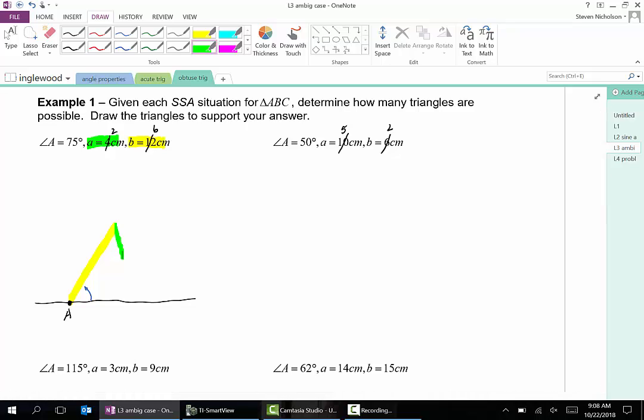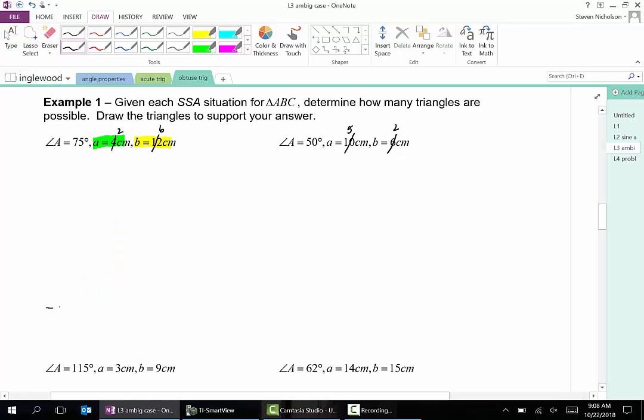So pause the video, go ahead and do that. Again, this is not to scale, I can't use a ruler, but I'm going to go ahead and I'll just label it. So here's angle A, and it's 75 degrees. And here's little b, it's 6.